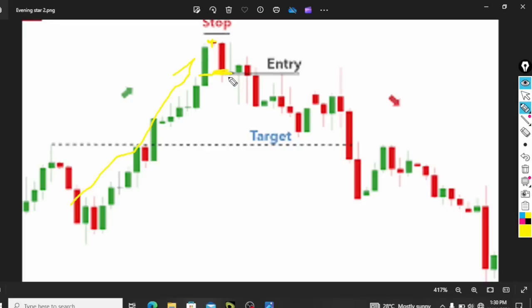So when you see the appearance of an evening star, just bear it in mind that it is time to go short. So let's assume the next candle opens here as a small candle. You see another candle open here again, this red candle. Let's assume that it begins to trade above this line. Once it begins to trade below this line, then you are supposed to enter your trade, and the rest will be history.